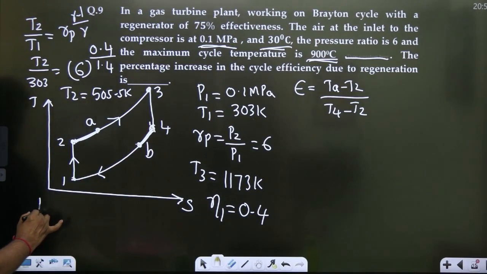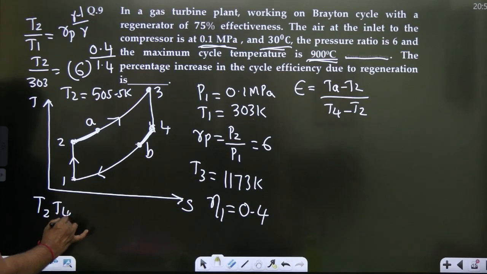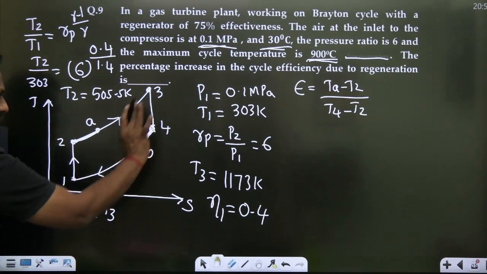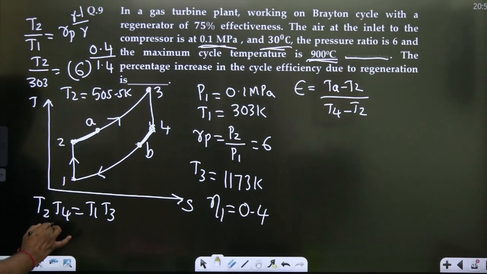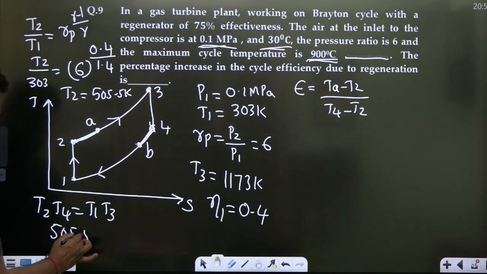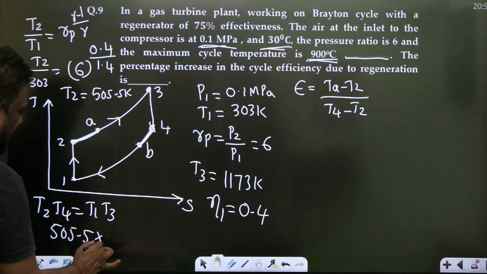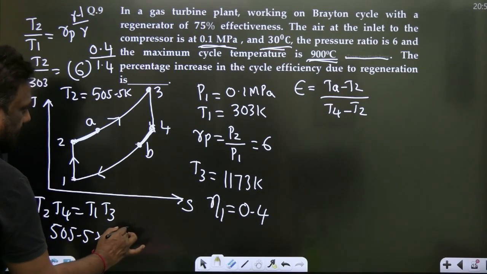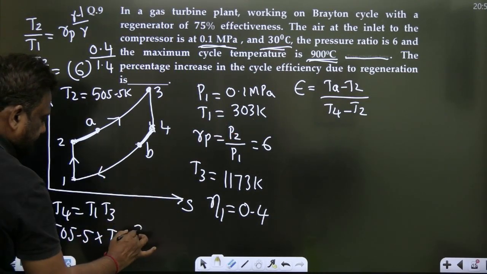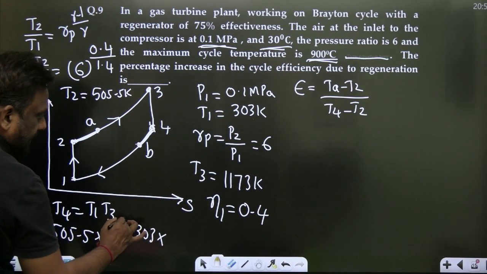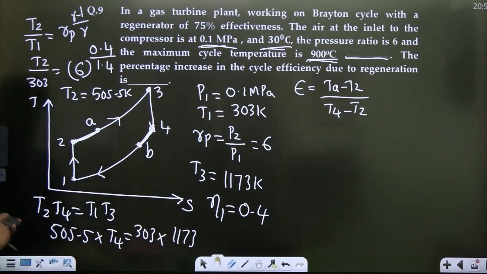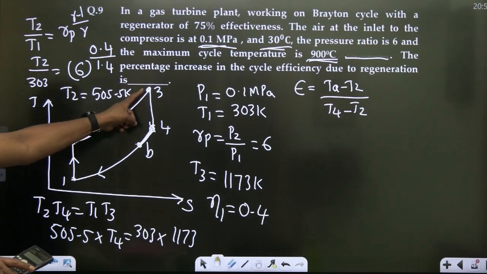How? Product of temperatures T2 T4 is equal to T1 T3, as this is an ideal gas turbine cycle. T2 is 505.5 and T4 is unknown.